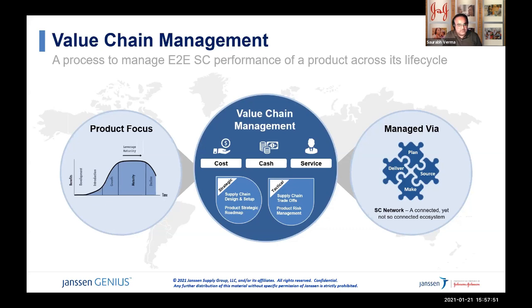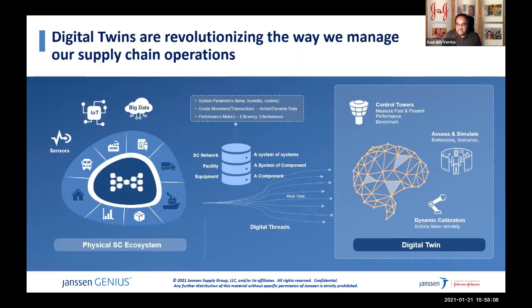The other requirement for a person managing this process is to take actions and monitor those actions as you go along. It's not a one-time activity; it's continuous. That's where digital twin comes in and is very handy.